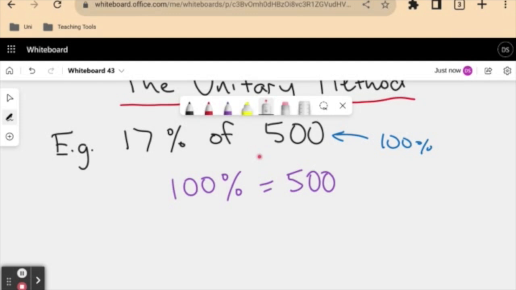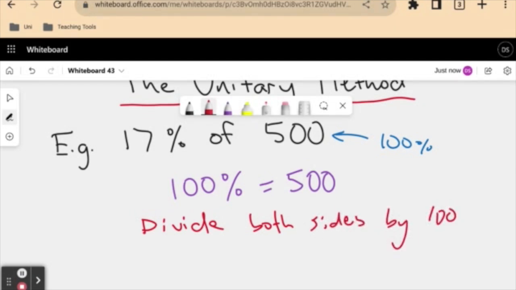We can make one out of any number, and we can make any number by using one, because one is a factor of every number, essentially. So what I'm going to do here, we have an equation here. I'm going to divide both sides by 100.